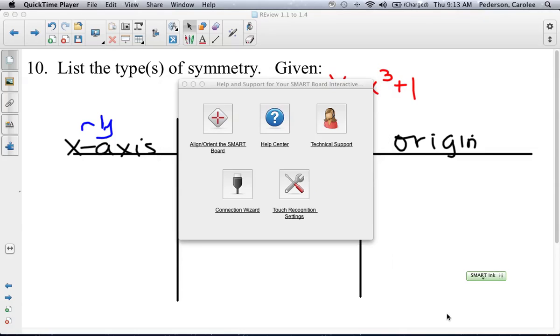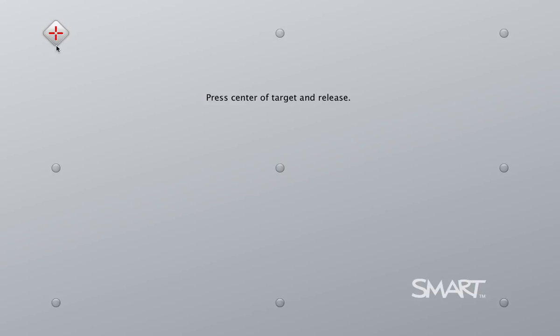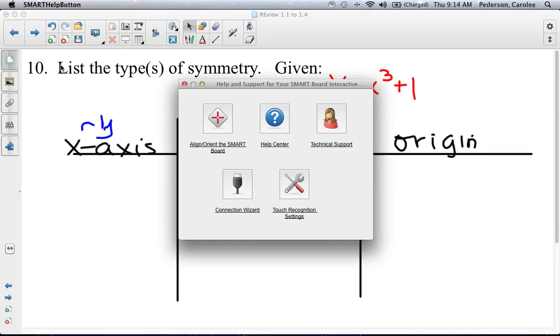Can't you minimize it so it's nowhere? Okay. That doesn't work. You know how Ms. White does it? Whenever she takes a marker, it takes her like 10 minutes to calibrate.